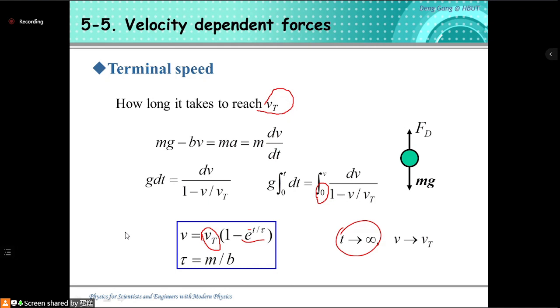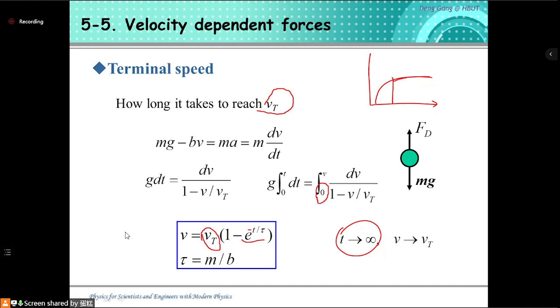But when t is large enough, the speed is almost Vt. If you draw a diagram to show how it goes, it should be like this. This period is very short, and after that the speed is almost Vt. It's not exactly Vt, but almost.